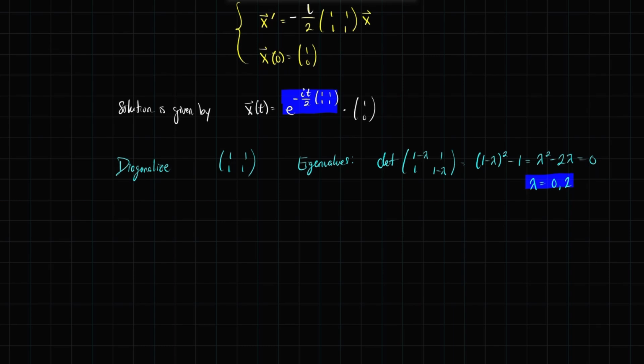These are my two eigenvalues, which means that my eigenvectors come from, let's choose the lambda equals 0 case, 1 minus 0, 1, 1, 1, against x1, x2. This equals 0, 0. And if I read the first row, it says that x1 plus x2 is 0, or in other words, x1 is negative x2.